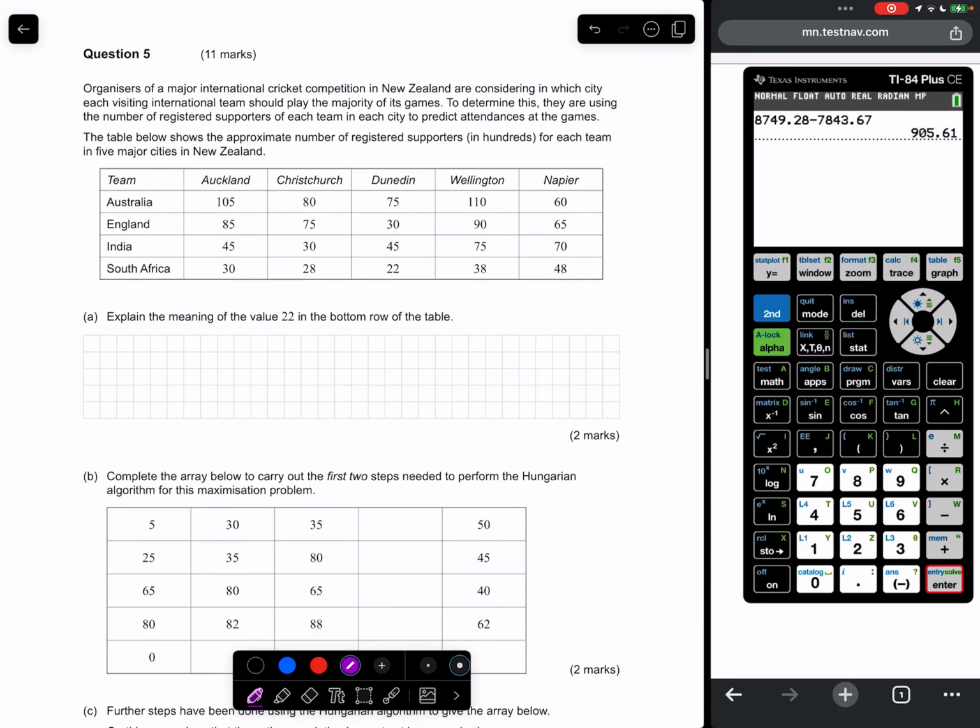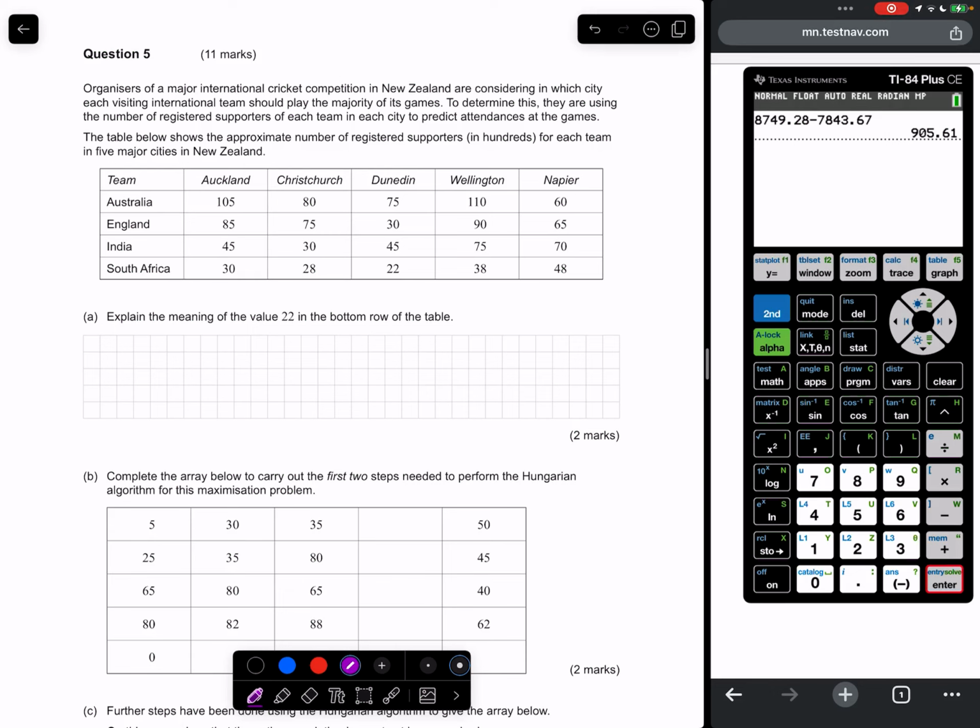Question 5. Organisers of a cricket competition in New Zealand are considering which city each team should play the majority of its games. To find this, they're using a number of supporters. Table below shows the approx number of registered supporters in hundreds for each team.